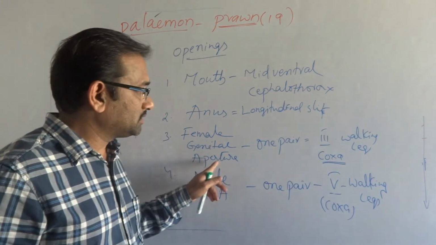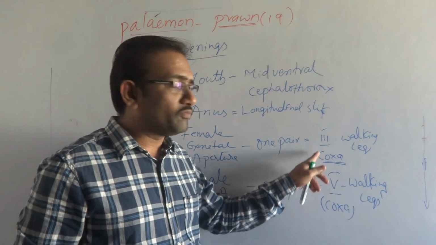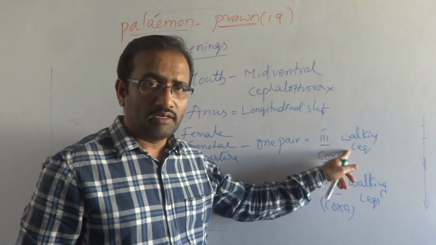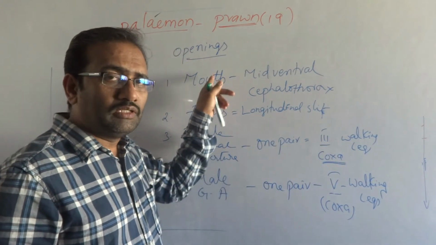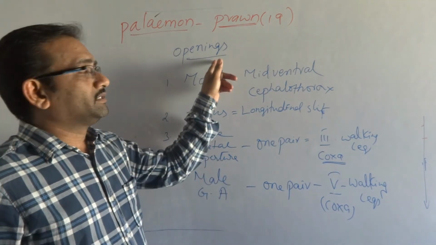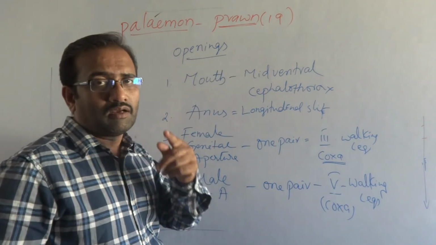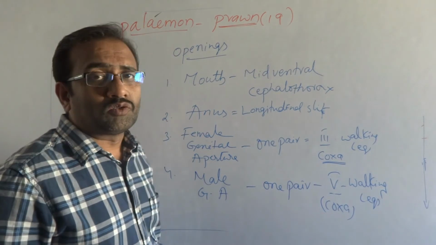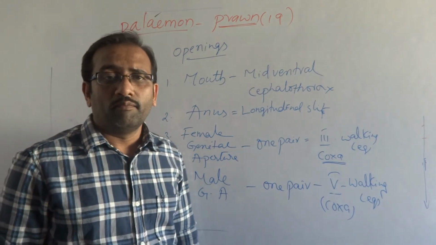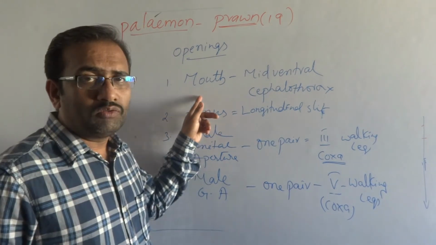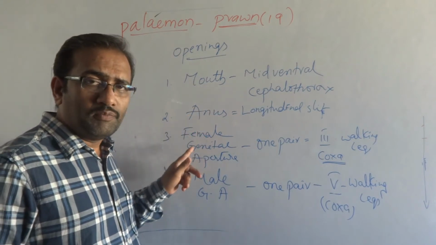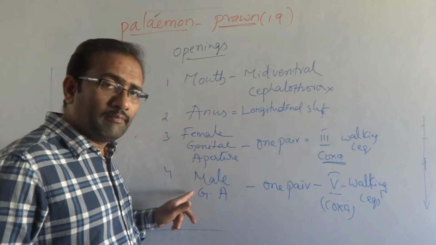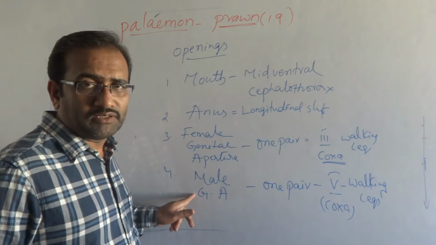Female genital apertures are located on the coxa of the third pair of walking legs, also one pair. So these are the openings, also called apertures, present on the Palaemon, the prawn Macrobrachium malcolmsonii: mouth, anus, female genital aperture and male genital aperture.